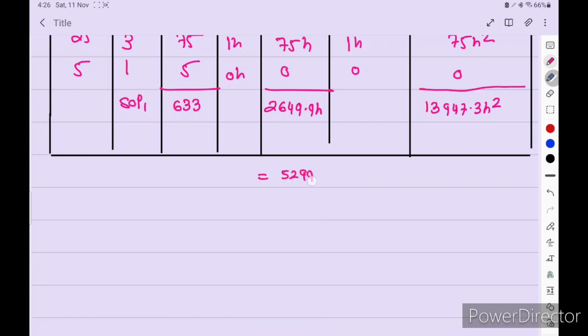SOP4 is 5578920. So the area is equal to 3h by 8 into SOP1 into 2.